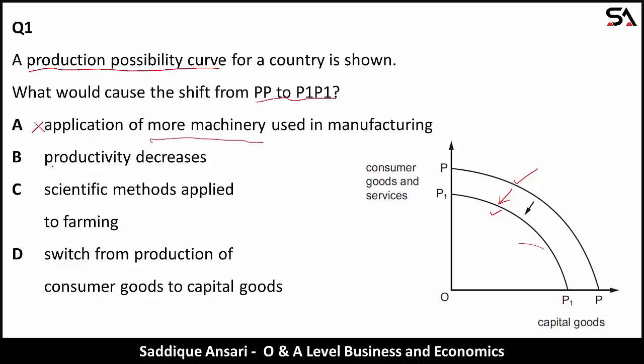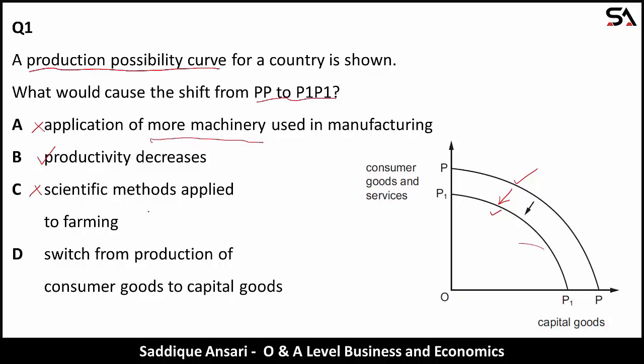Next option is productivity decreases. Productivity comes in the quality of resources, so a decrease in the quality of resources or productivity means an inward shift of PPF. This can be the answer. Scientific methods applied to farming. This means PPF will be shifting outwards. This cannot be the option.